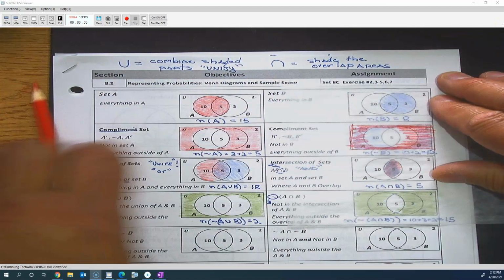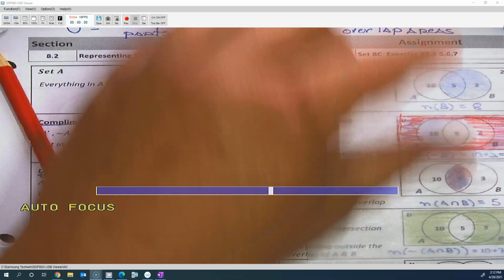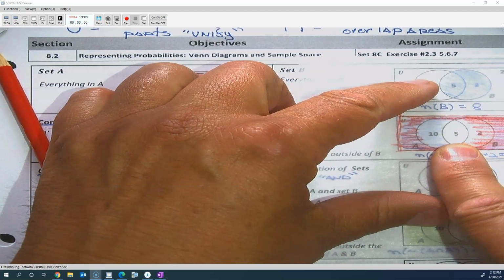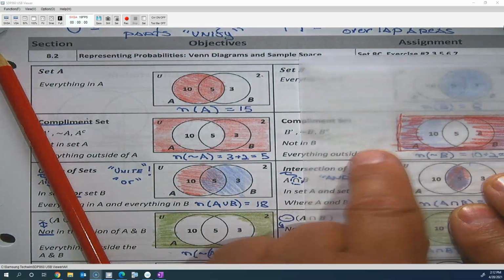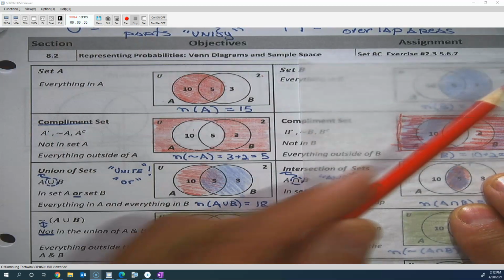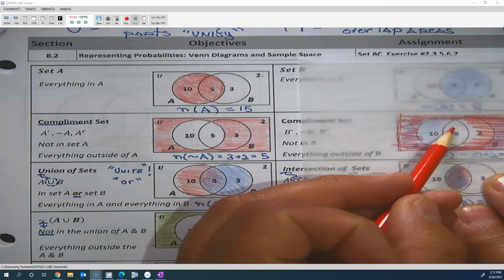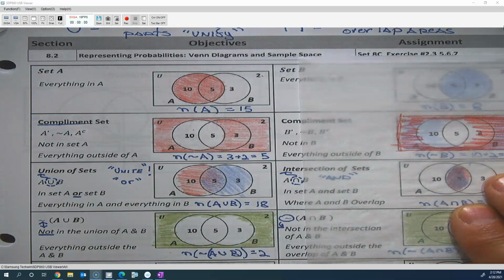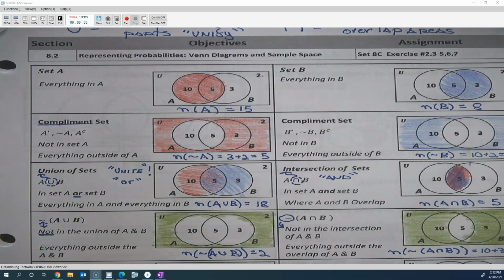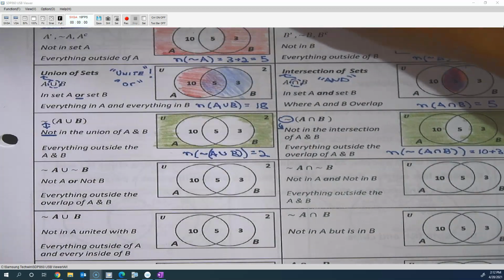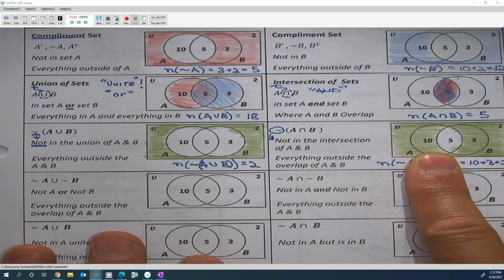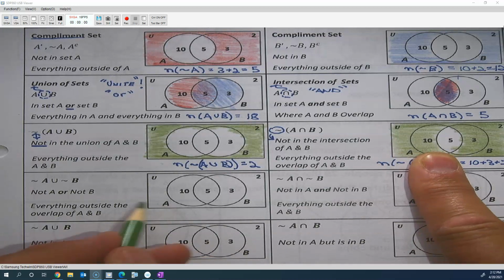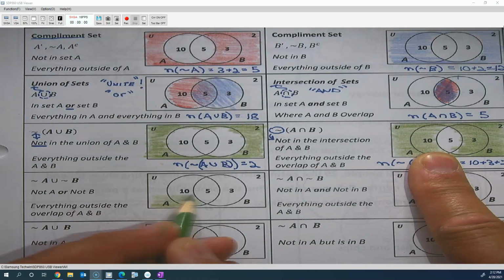So everything's going to get shaded here except for the intersection. It's either blue or red because I'm combining them. So it's going to look like this with only the 5 unshaded. So if you notice, it looks just like the one you did. So these two look alike because they're the same.